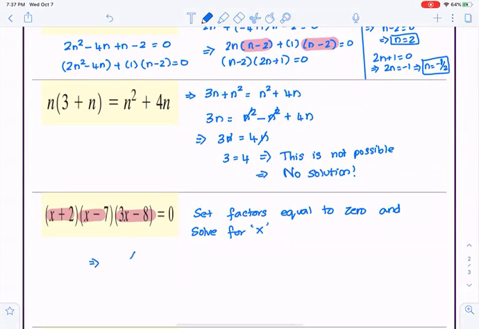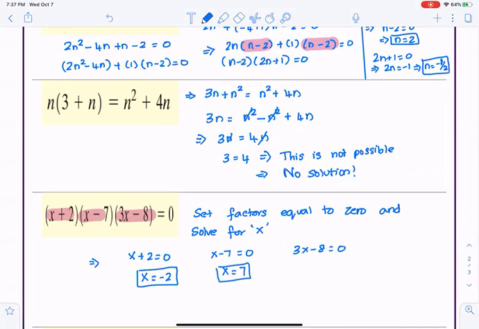which would mean x plus 2 equals 0, x minus 7 equals 0, 3x minus 8 equals 0. In the first factor, move that 2 to the other side, x would be -2. Move the 7 to the other side, or negative 7 to the other side, x would be positive 7.